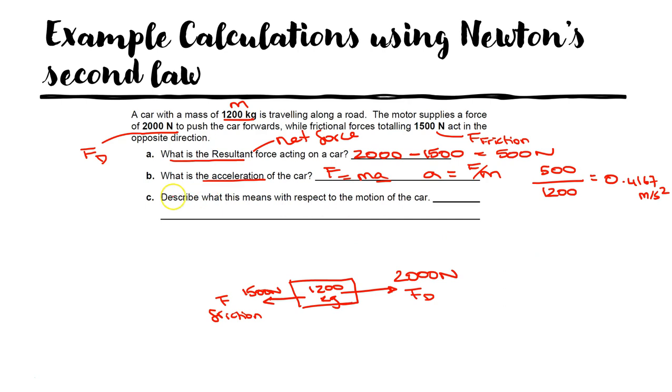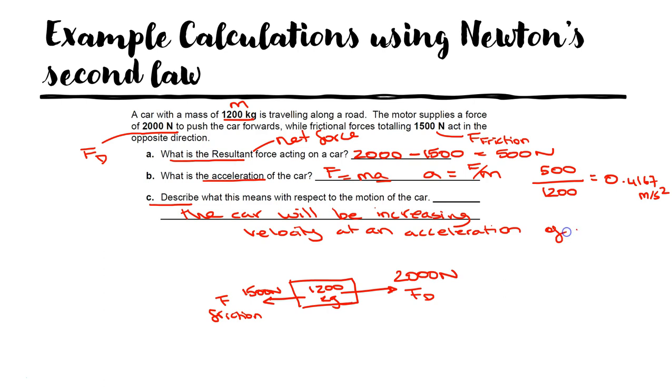Okay, so this, and then the last question asks us to describe what this means with respect to the motion of the car. So we know that we have a positive acceleration, so we can state that the car will be increasing its velocity at an acceleration of 0.4167 meters per second squared.